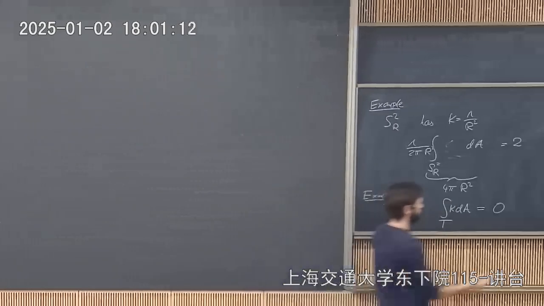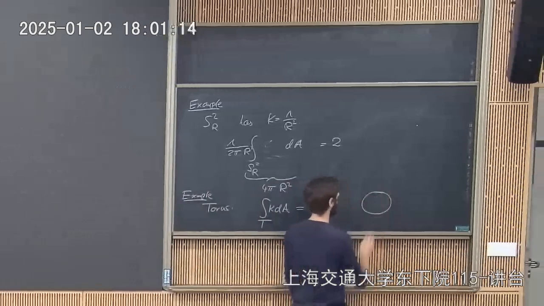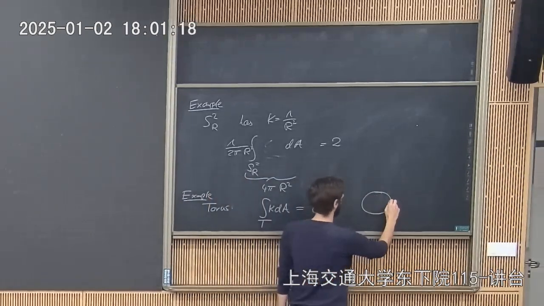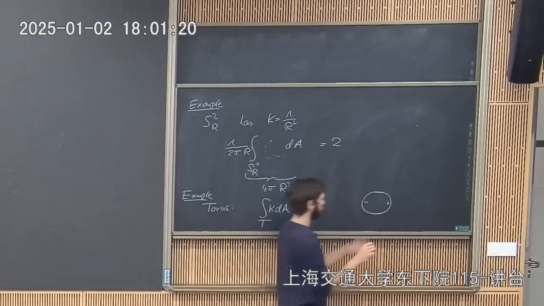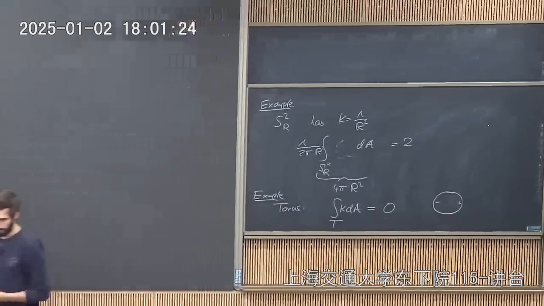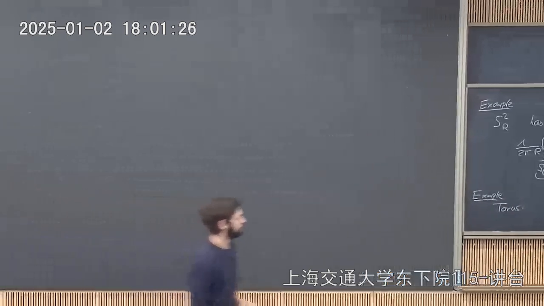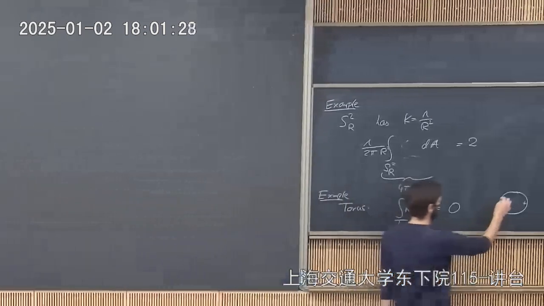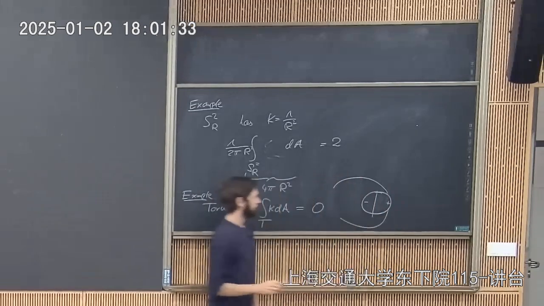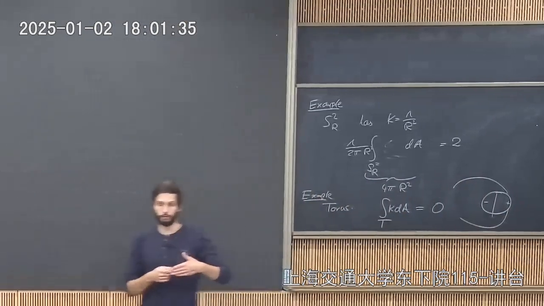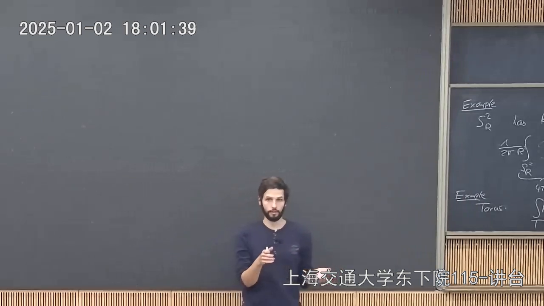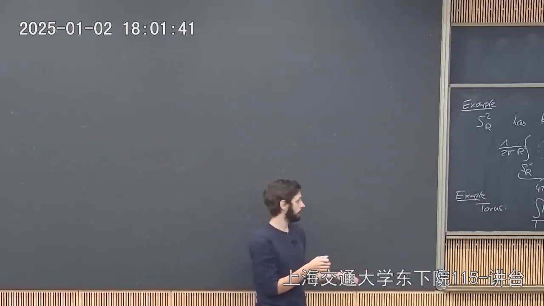Of course, we had it already that if you take the cross section of the torus, then one of the sides has Gaussian curvature +1, and the other side has Gaussian curvature which is negative.